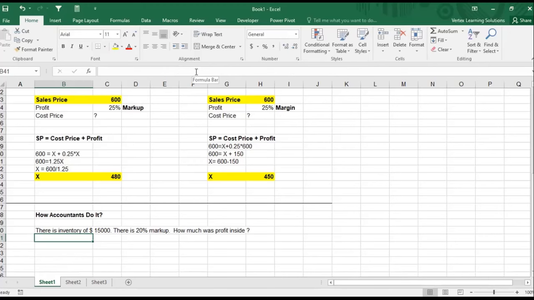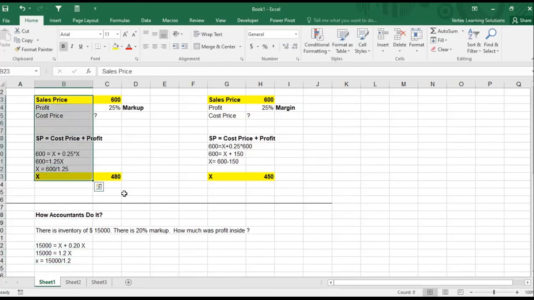You have 2 ways of doing it. One way, the similar, like you say 15,000 is equal to cost plus 0.20 of cost, okay? And you would say 15,000 is equal to 1.2x, and then you would say x is equal to 15,000 divided by 1.2, just like I did here, the same way. It is the same example.